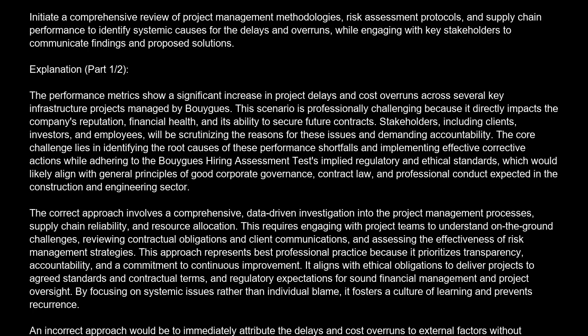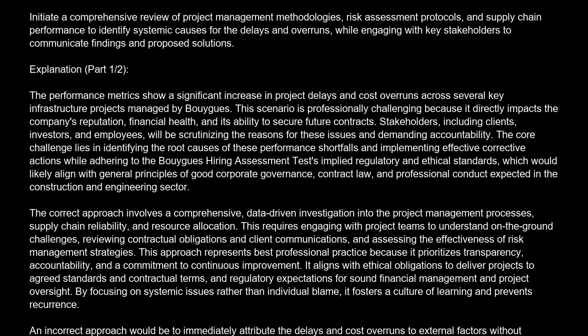Explanation. The performance metrics show a significant increase in project delays and cost overruns across several key infrastructure projects managed by Bouygues. This scenario is professionally challenging because it directly impacts the company's reputation, financial health, and its ability to secure future contracts. Stakeholders, including clients, investors, and employees, will be scrutinizing the reasons for these issues and demanding accountability.